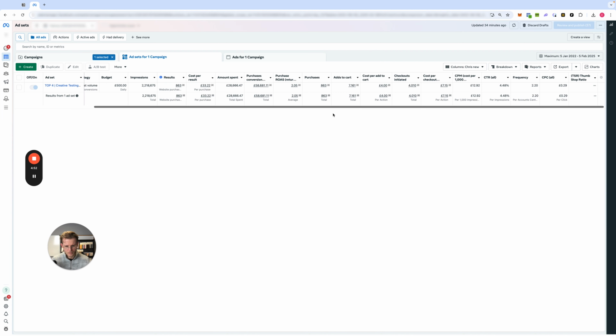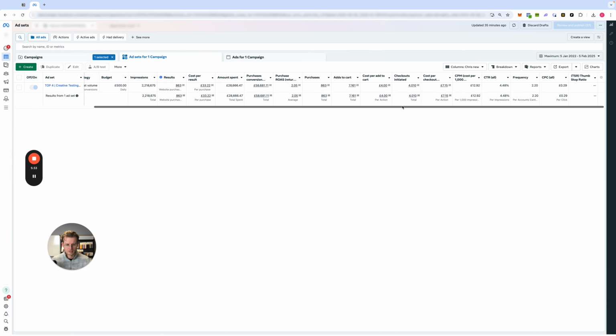So when we're looking at these metrics, we can then decide that, right, if they are going to the add to cart, we are getting a decent cost per add to cart, but then there is some massive friction here with the checkouts, then we understand that this customer is obviously adding to cart, but there may just be something here which is restricting them from going ahead and going to checkout. So we need to look at our website, look at our pricing, look at all these different variables to understand which one is going to drive the key differences here.